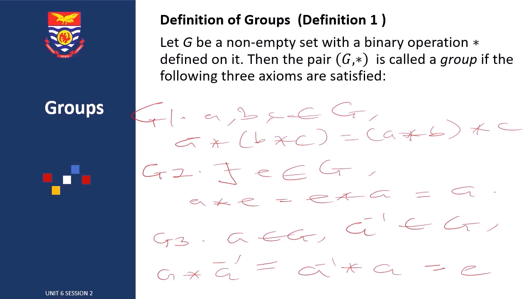So when these 3 axioms are satisfied, then we say that the operation is a group. So that defines the group.